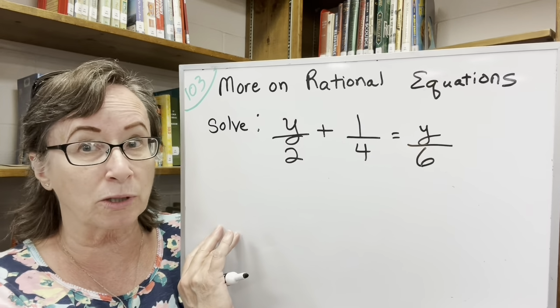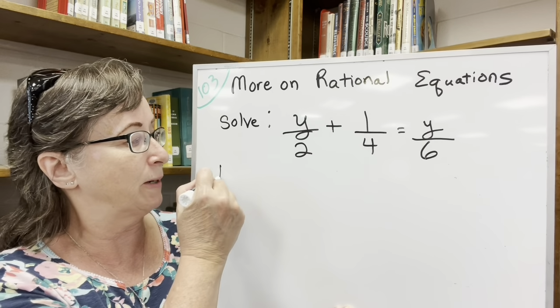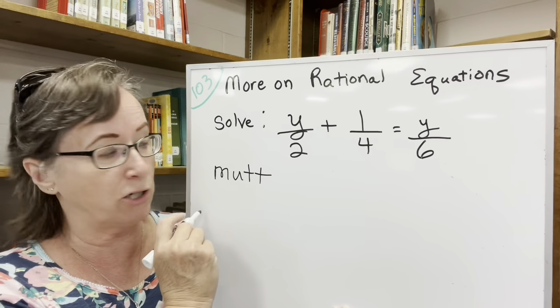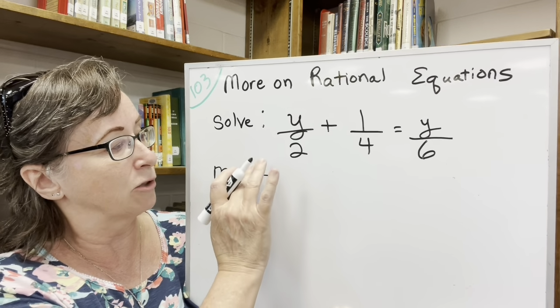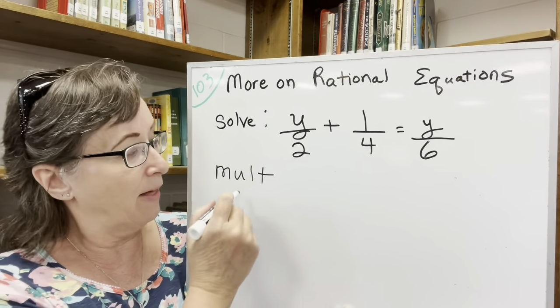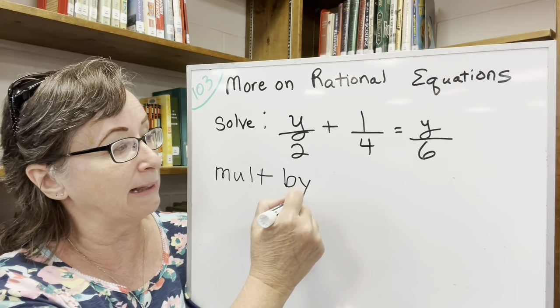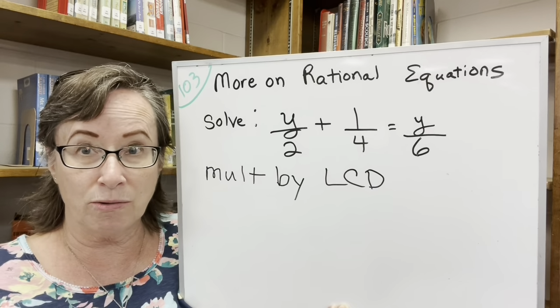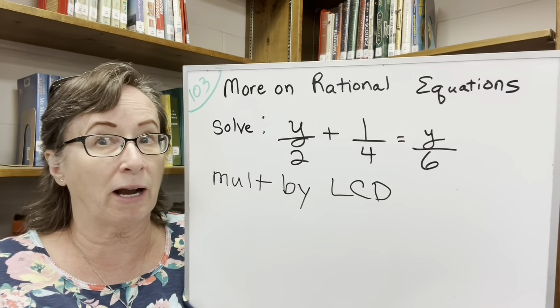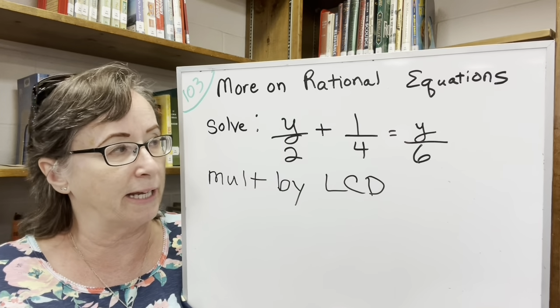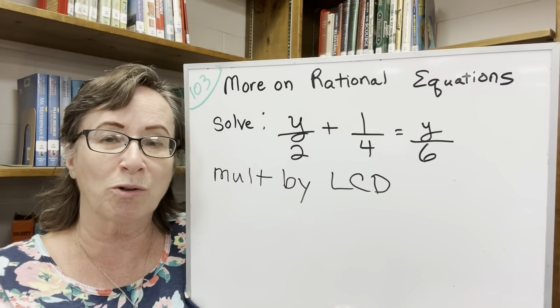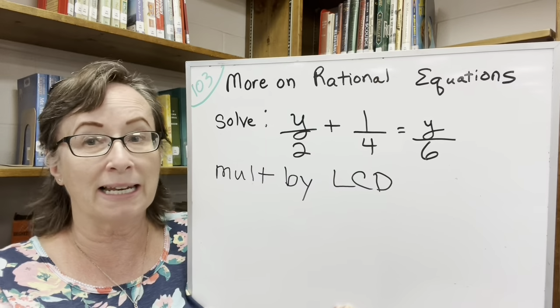And the method that we're going to use is we're going to multiply both sides of the equation, that should be an L, shouldn't it, by the LCD, or the least common denominator. And this is a very useful method because once we figure out the least common denominator, every single one of those denominators will go into the least common denominator.